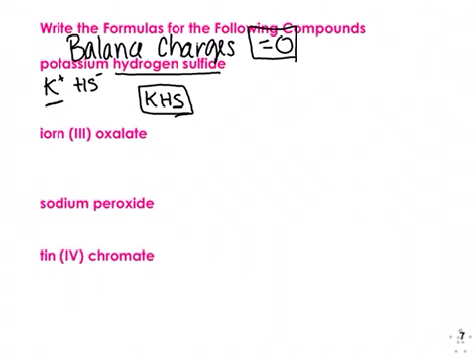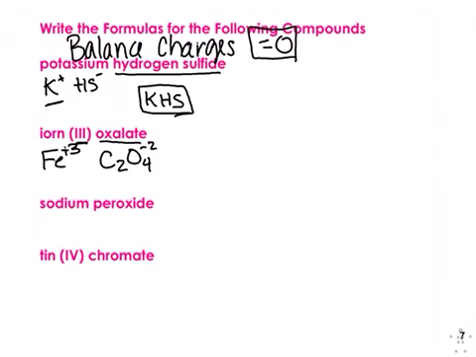Okay. Looking at our next example, iron 3 oxalate. Iron. What does this Roman numeral 3 indicate for us about iron? It has a positive 3 charge. And then you'll have to look up oxalate on your polyatomic chart. C2O4, and its charge is -2. Do we balance out to 0 here?